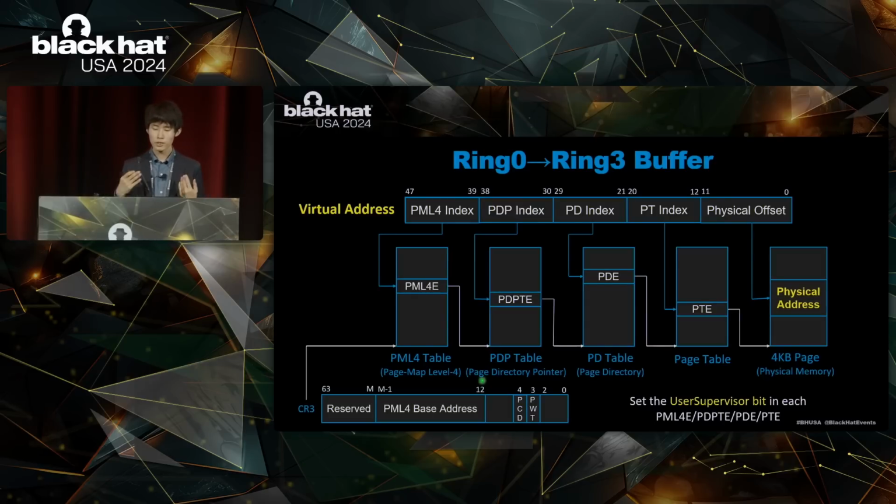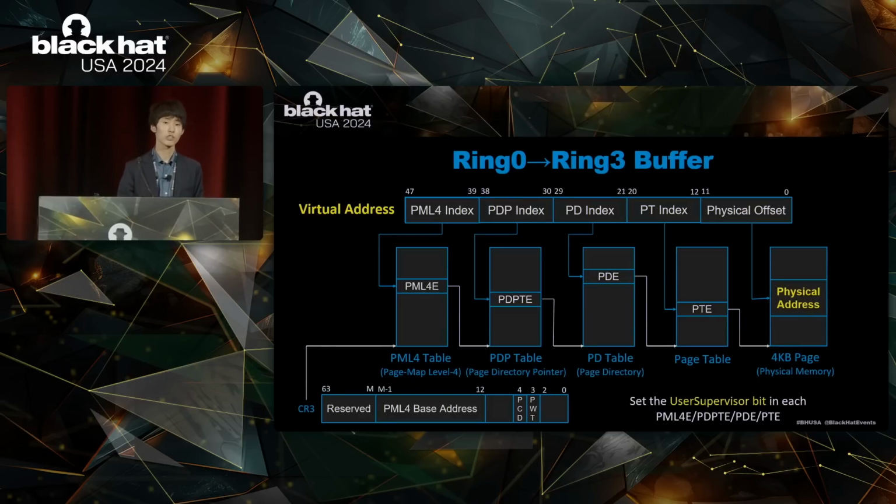So in the previous flow, I explained that we need to modify the page table to make the buffer accessible from userland. So let me explain this in more detail. This diagram shows the flow of how a virtual address is converted to a physical address in four-level paging. Page tables are referred to in the order of PML4, PDP, PD, and page table.